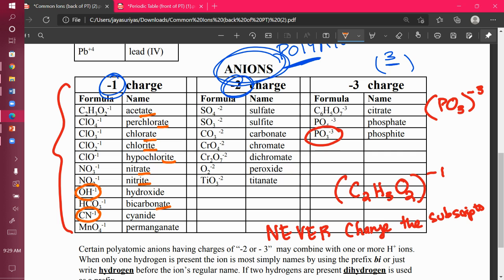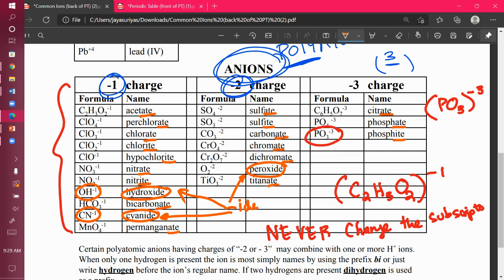There's no single element called cyanide. Then permanganate, ate, ite, ate. The majority of them end in ate and ite. So peroxide, hydroxide, and cyanide are the three that end in IDE. You should remember those as being exceptions and check those in the back of the periodic table.